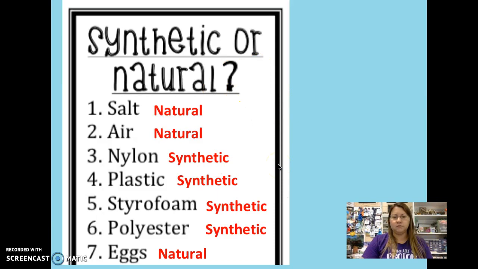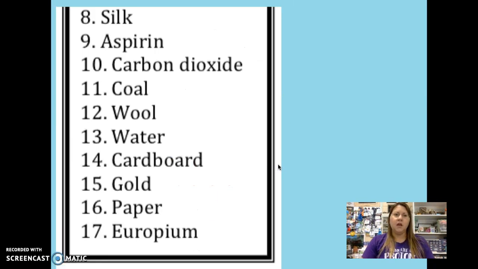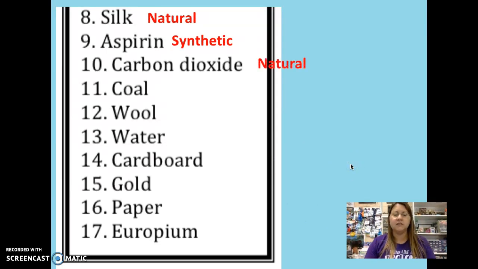Eggs, natural. Number 8, silk. Silk is naturally occurring. Silkworms can produce silk. Aspirin is synthetic. Carbon dioxide, natural. You breathe out carbon dioxide. You release CO2 as a byproduct of respiration and breathing. Coal, natural. It's one of our fossil fuels.